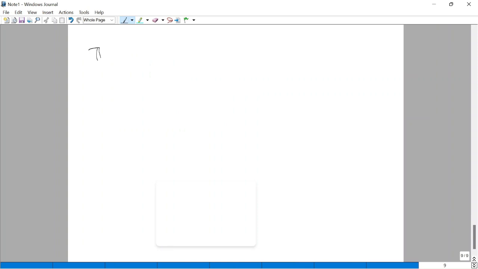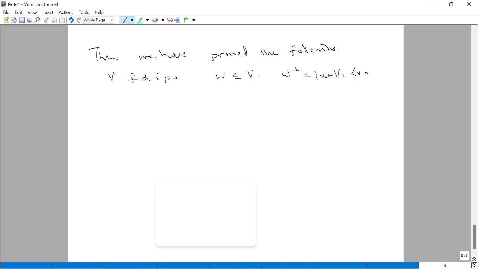So yes, we have proved the following. Let V be a finite dimensional inner product space and W a vector subspace of V. Then we define W perp to be the set of all x in V so that the inner product of x and w is 0 for every w in W. Then V is a direct sum of W and W perp.